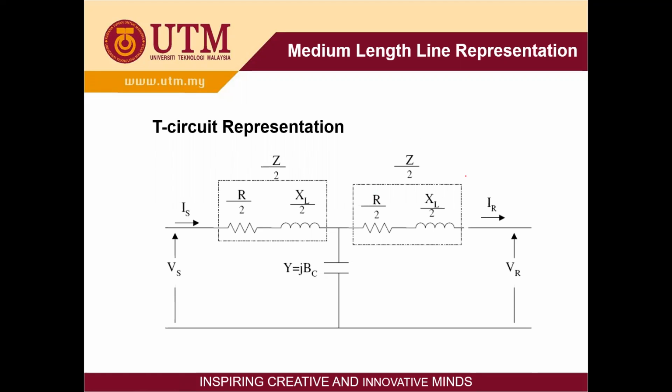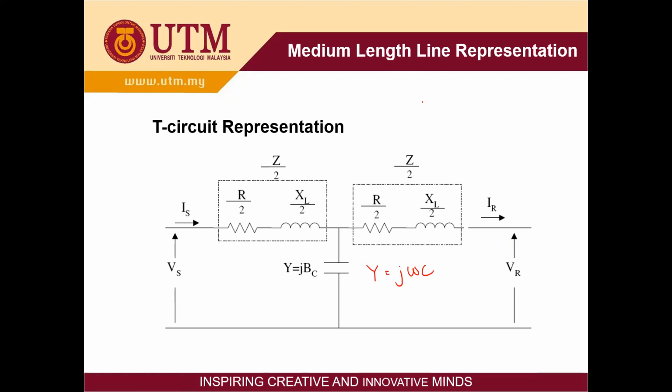I would like to highlight that the admittance Y is equal to j omega C. And we have Vs, Is, IR, and also VR.